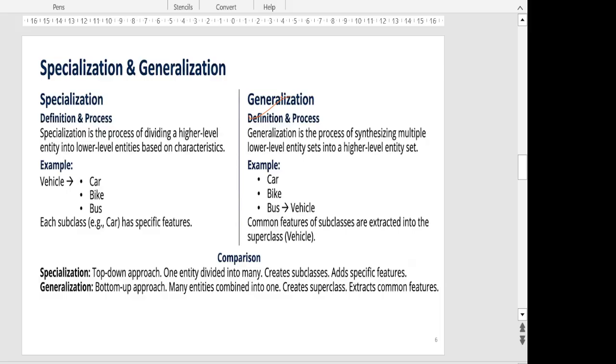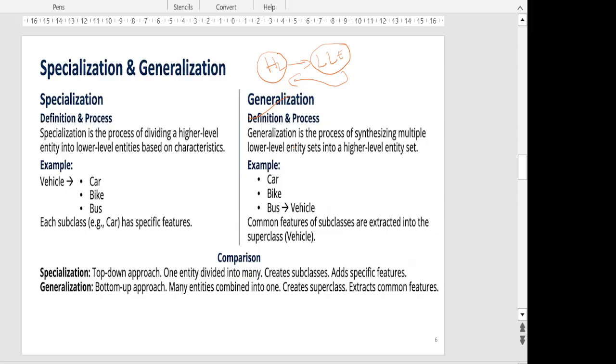What we discussed is specialization. Specialization is the process of dividing the higher level entity into lower level entities. So this is the specialization. Generalization is just the reverse.